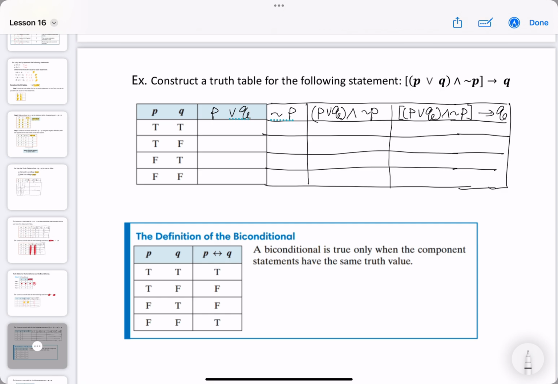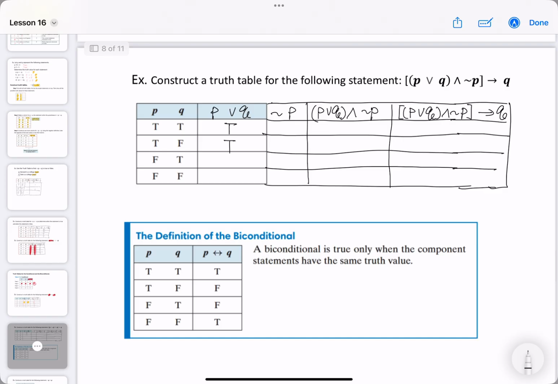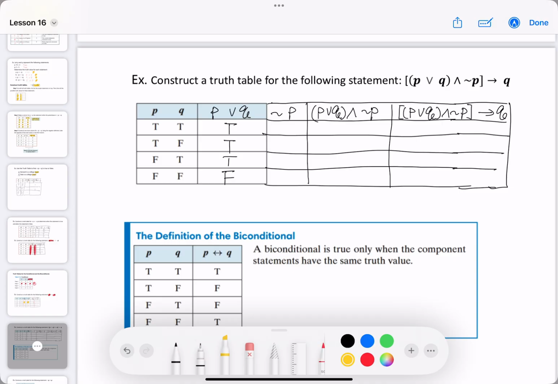First, P or Q. If we have true, this is true. P or Q, if we have true, false, this is true. False, true. False or true, it is true. False or false, it is false. Not P. I'm going to negate the P. So let's negate the P. We are having false, false, true, true.